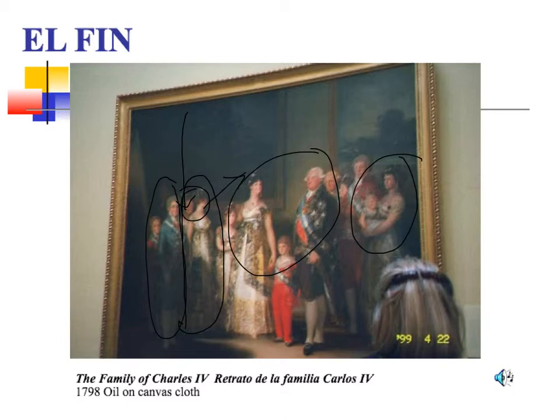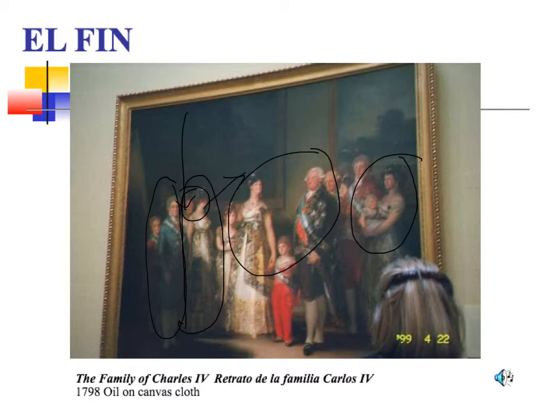So that's one of the things about Goya. Like we said, he almost used his paintings like photos. He didn't really change the appearances of people. Some of the other portrait painters of the time were known to make people look a little prettier or a little more handsome or a little less chubby, but Goya pretty much painted what he saw.